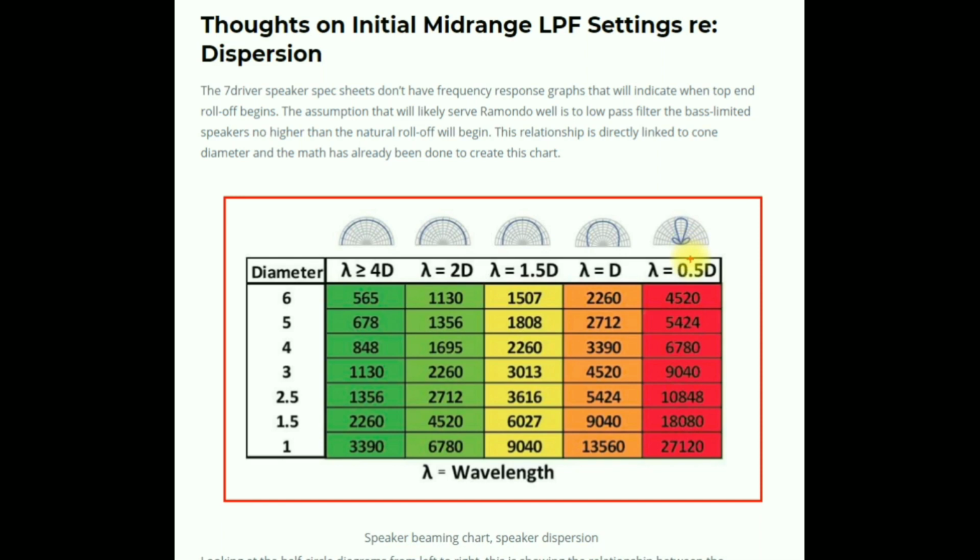And really narrow dispersion is like a spotlight, or a nice flashlight where you can rotate the end of the lens and make that beam really small. That's where the speaker beaming concept is often explained. So we can use this to determine an ideal top end of a 6-inch woofer.